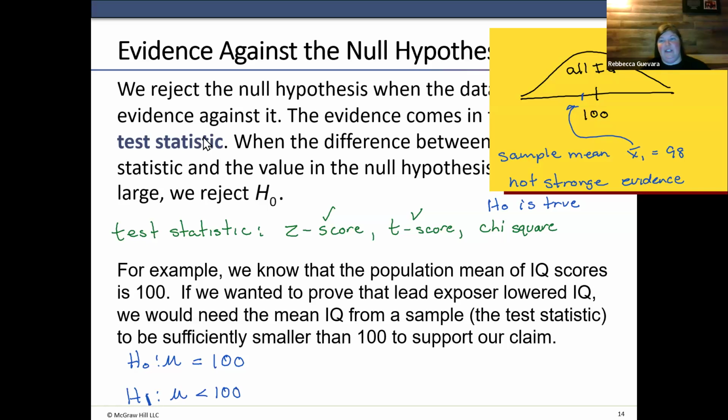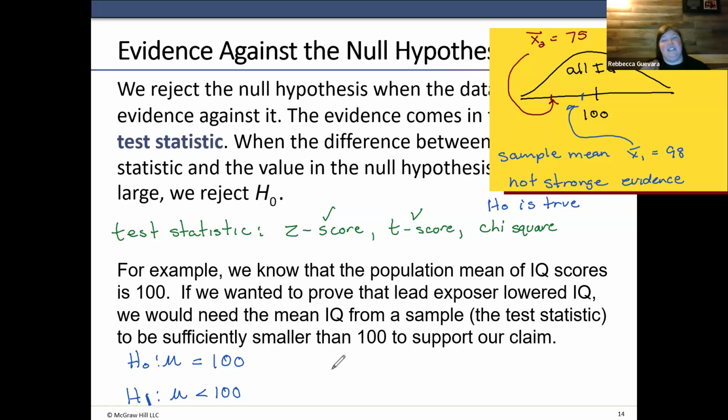So let's go back here and say, well, now I have a sample mean, but this sample mean is, let's say, 75. So 75 is roughly about here. And we know that 75 is actually 2 standard deviations below the mean.